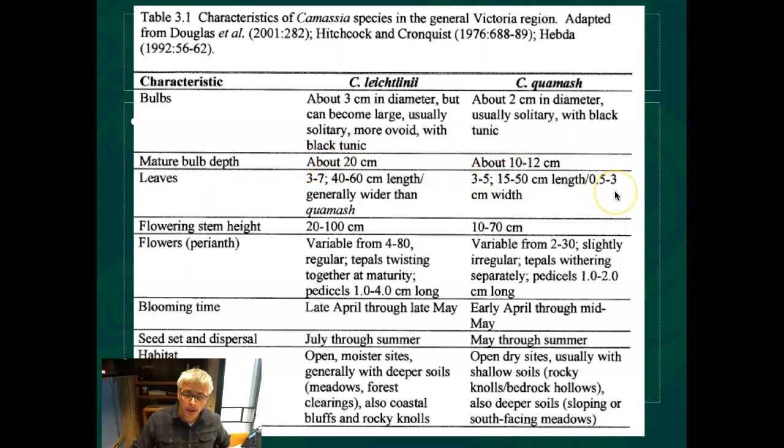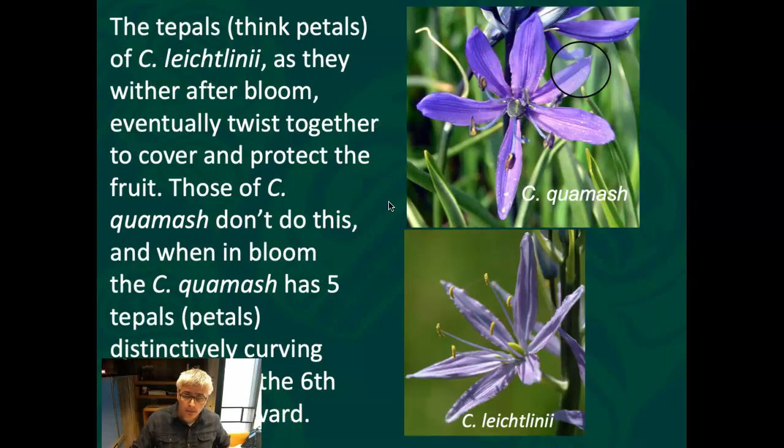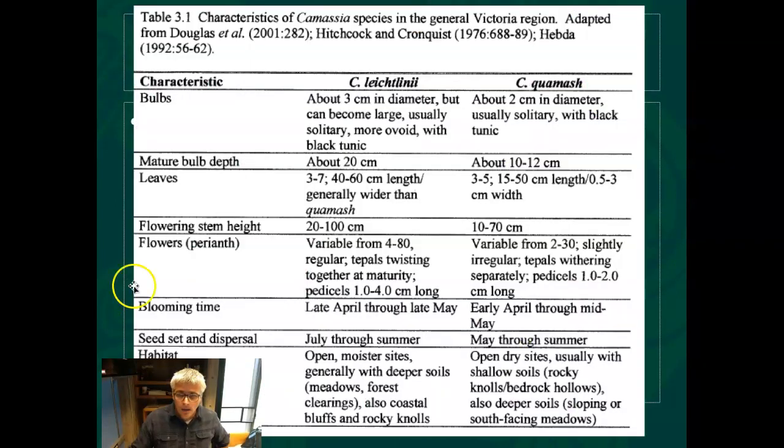The leaves tend to be a few larger on the giant camas, and they tend to be a bit taller. And then the timing tends to be a little bit different as well for seed set and dispersal. It tends to be a bit later with the giant camas.